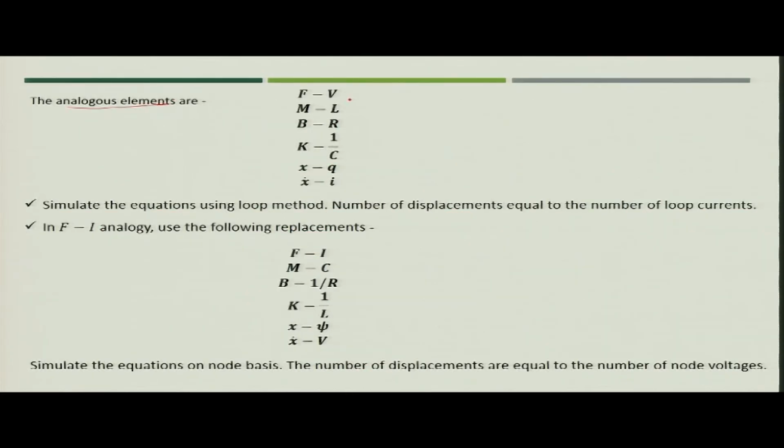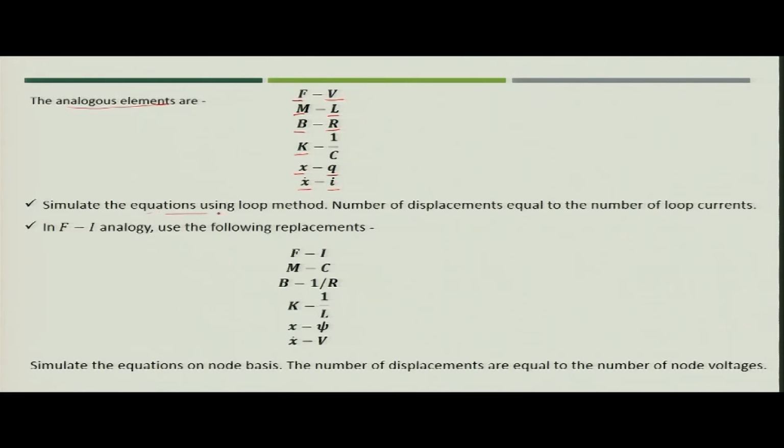We discussed in the last class and in this session also that force is analogous to voltage, M is analogous to inductance, the viscous friction coefficient is analogous to R, spring constant is analogous to 1 by C, x is analogous to q, x dot is analogous to I.